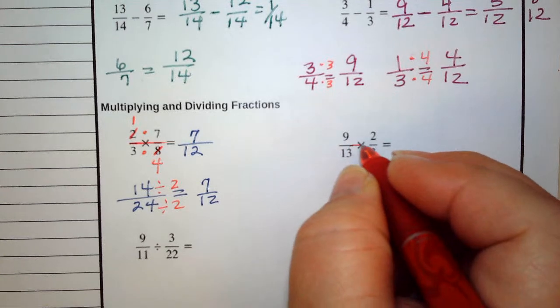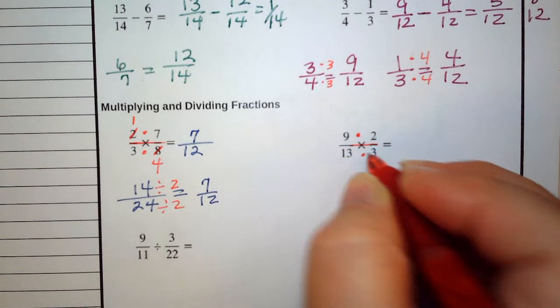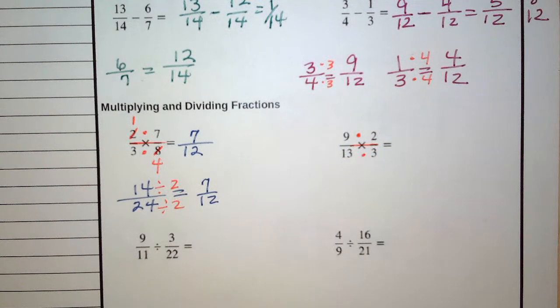If I pretend there's a line here and I'm multiplying top and bottom, do I see any common factors?